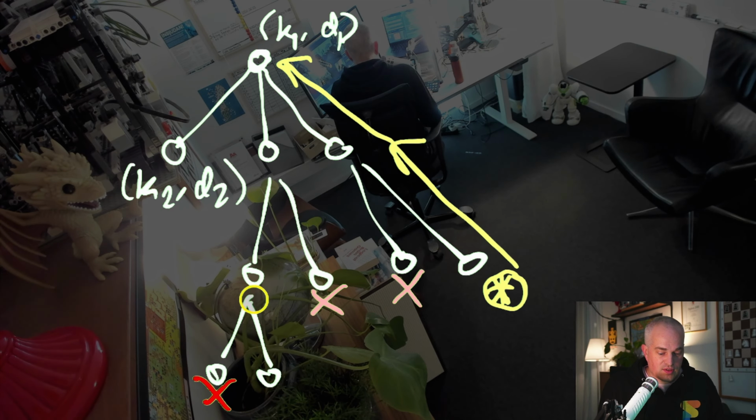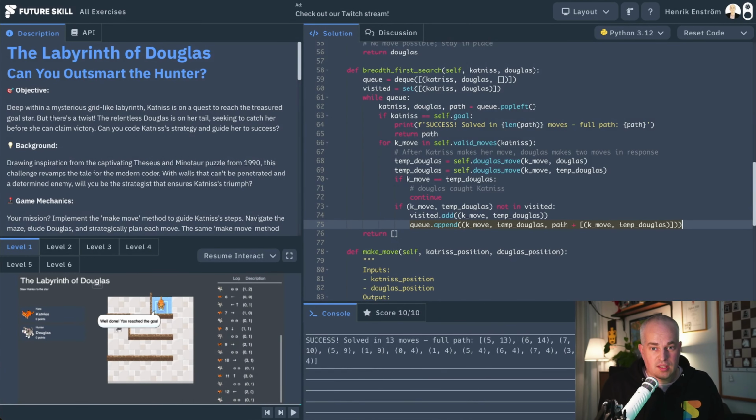Then we're going down the tree, exploring new possibilities. So then in our deque, or queue, we append the new position of Katniss, the new position of Douglas, and the path we had before, plus the new step that we took to reach it.